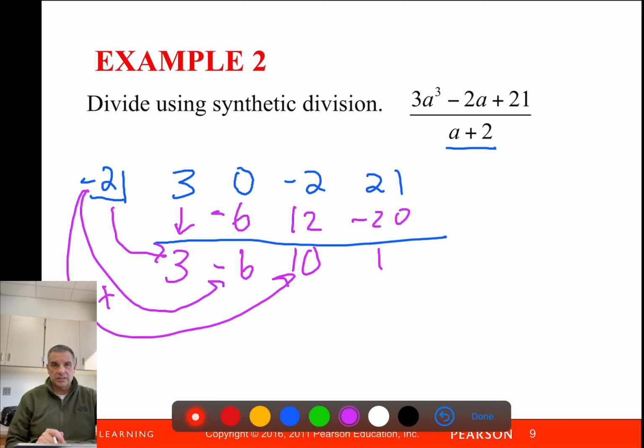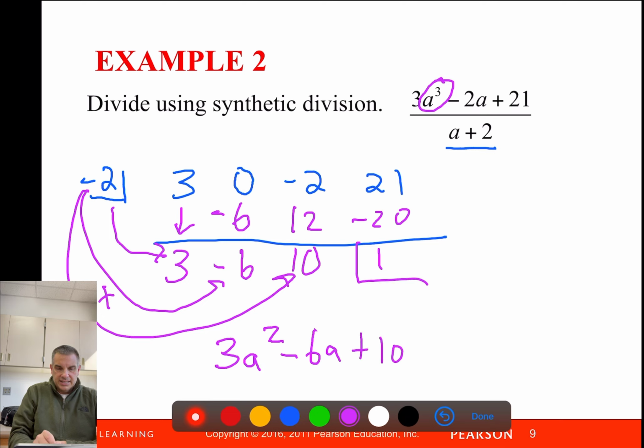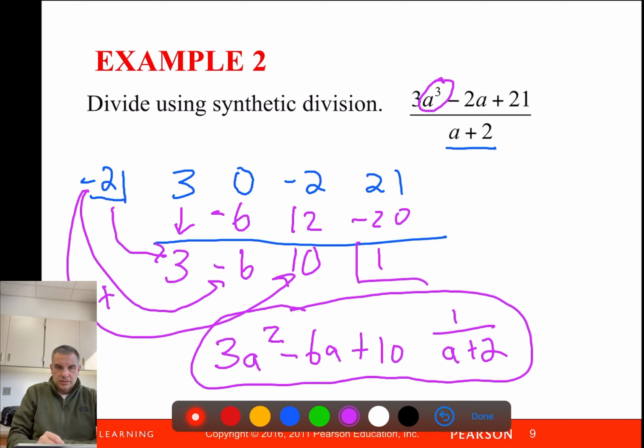Now we have to write our end result. We started with a cubed, so we're going to go 3a squared plus 6a plus 10. This last thing is our remainder, so we have a remainder of 1 over a minus 2. That's the result of synthetic division for this example.